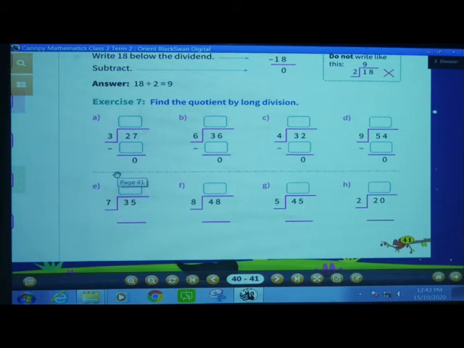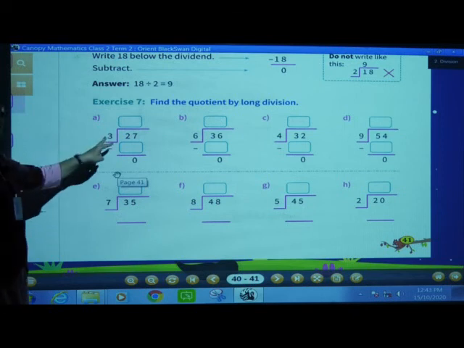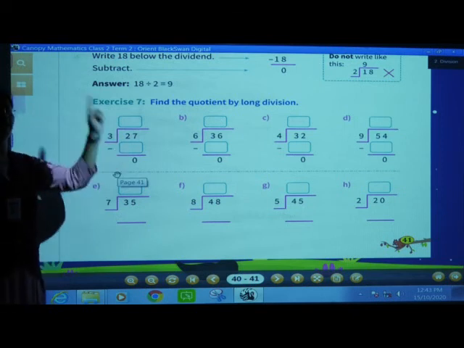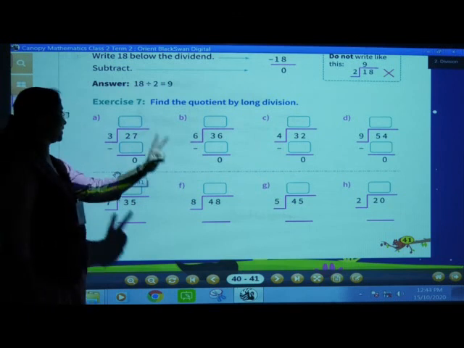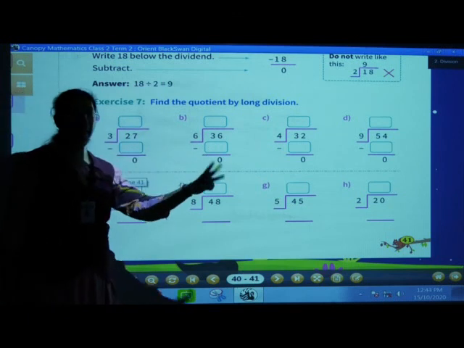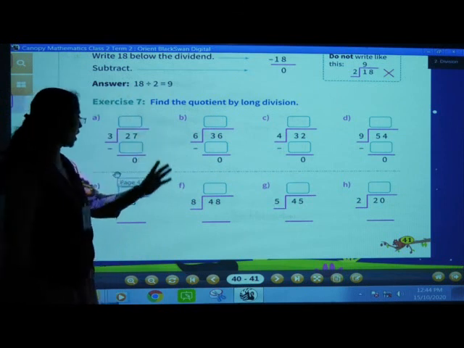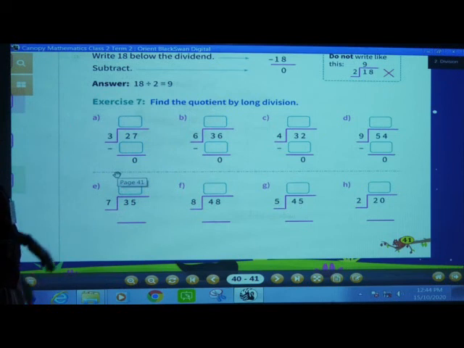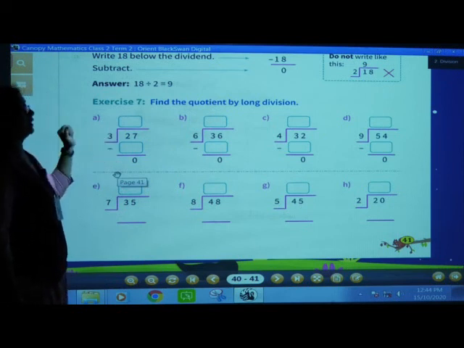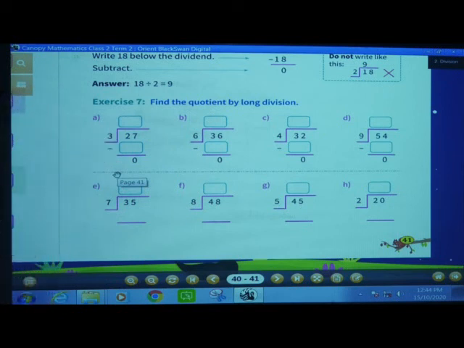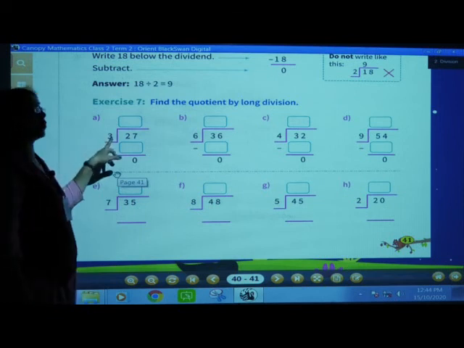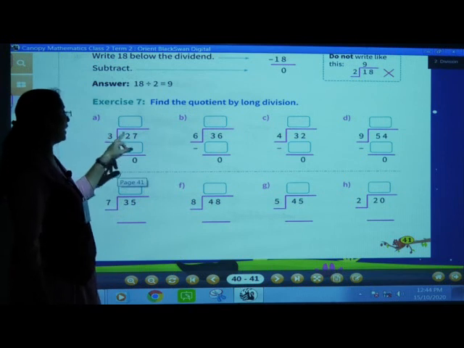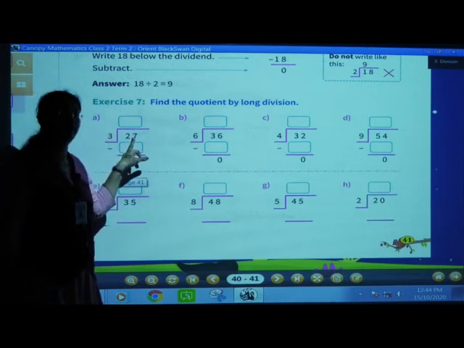Okay, start with me. 3 ones are 3, 3 twos are 6, 3 threes are 9, 3 fours are 12, 3 5s are 15, 3 6s are 18, 3 7s are 21, 3 8s are 24 and 3 9s are 27.